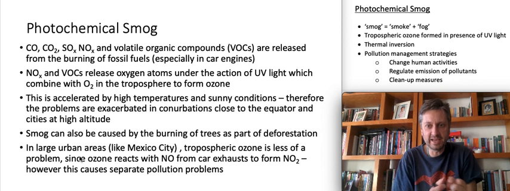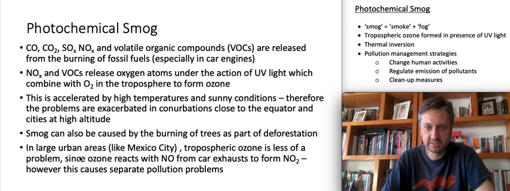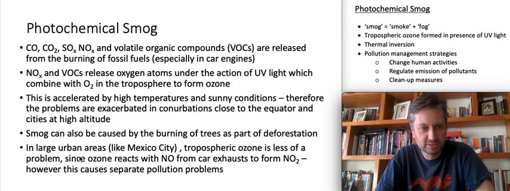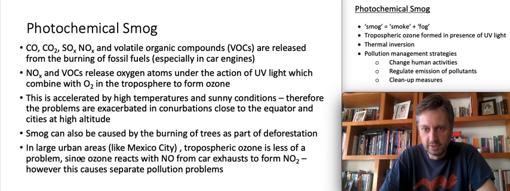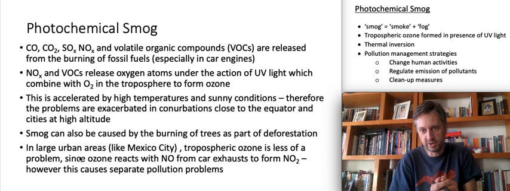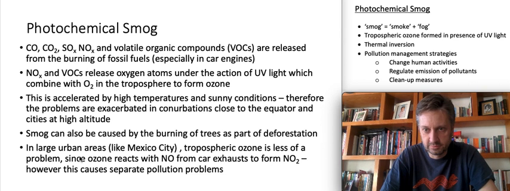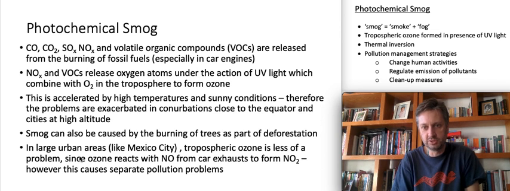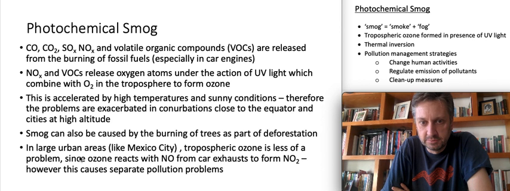But cities like LA that I showed you before, when you've got this kind of brown haze across the city, we associate that as well with Mexico City. That's nitrogen oxide smog that is formed from this breakdown of ozone. So ozone is less of a problem in Mexico City, but nitrogen oxide smog, photochemical smog, is a big problem. Basically, it's just substituting one dangerous pollutant for another dangerous pollutant.